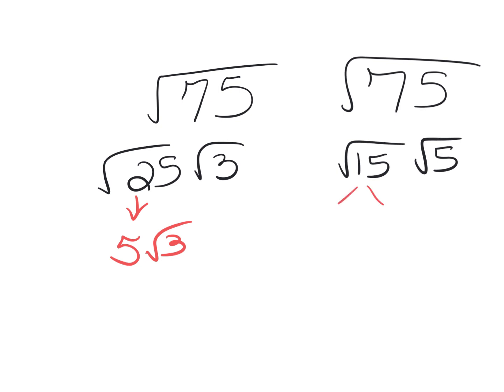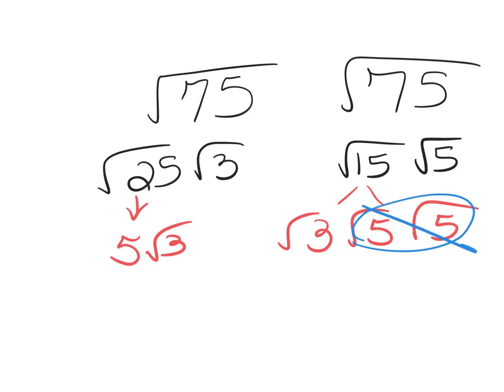I wanted to do 15 times 5. So then now we have to keep breaking 15 down. It's not prime. So 3 times 5, and then I still have that 5. And now I have all prime factors. I got a pair of 5s. When you make a pair, it comes out of the radical, and anything that doesn't have a pair stays underneath. Notice I got the same answer no matter how I started my factor tree.